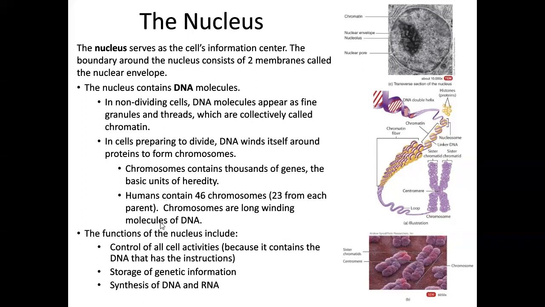So what is a chromosome? It's just a long winding molecule of DNA, and what you're going to find on a single chromosome are thousands of genes. Genes are the basic units of heredity. Now, if this was biology, we'd spend a lot of time talking about this, but each little segment, and there are going to be thousands of them, codes for a different physical trait or a different protein.